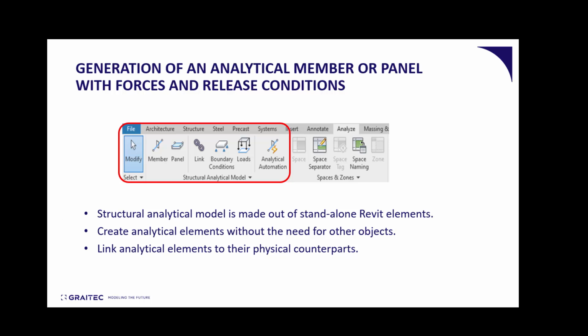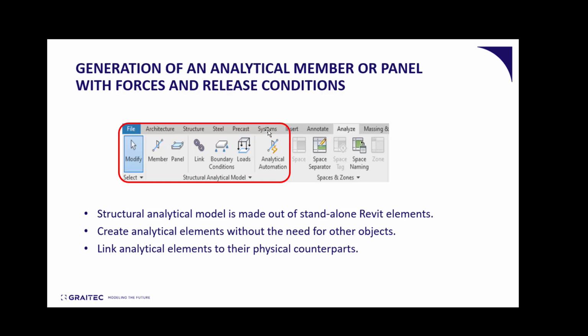We already know the functions link and boundaries, but boundaries has been improved to embed some information in the software modelization system, such as Advance Design, for example, and with analytical automation, which we will describe in detail later, it's possible to realize a global analytical model.